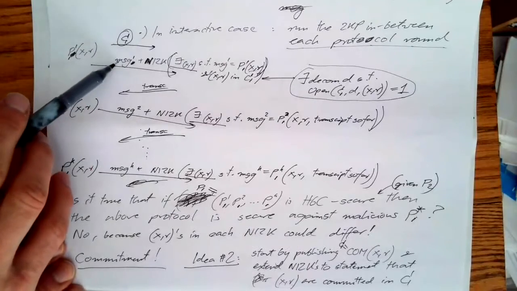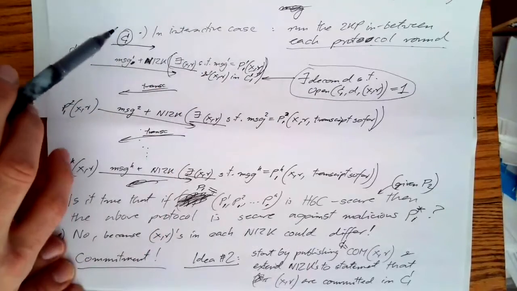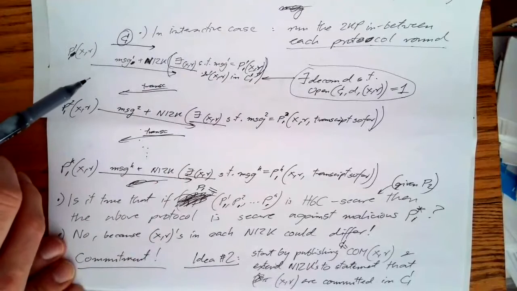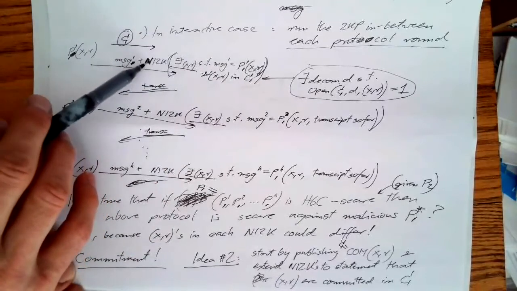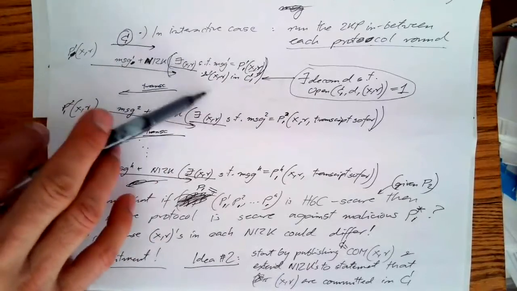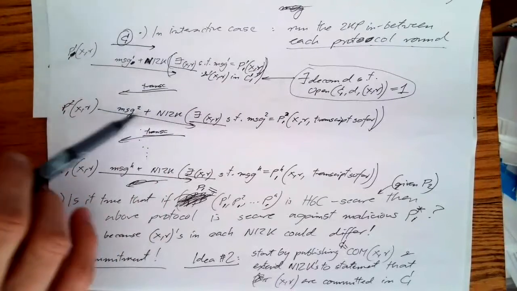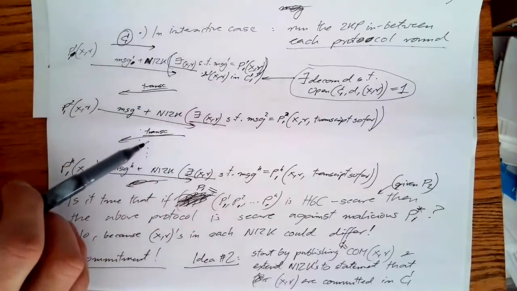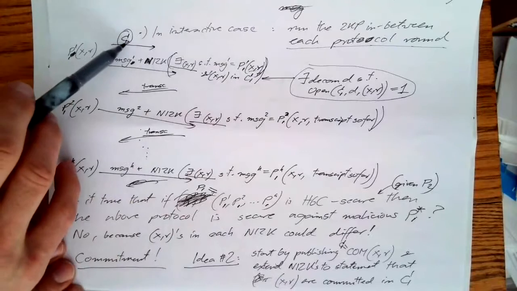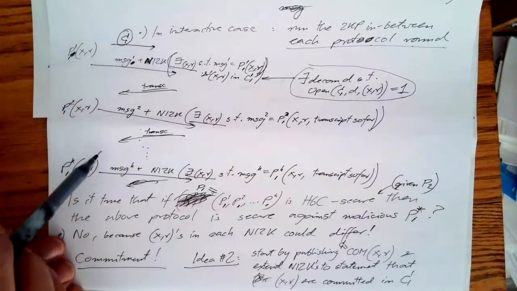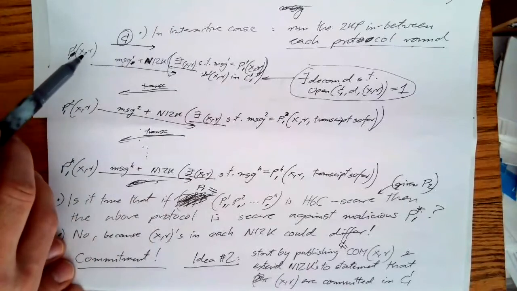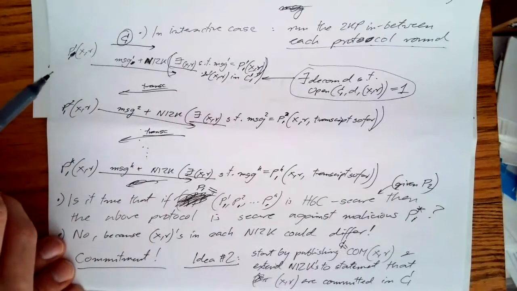You have to follow the intended protocol on the committed input and randomness, because otherwise, by the soundness of this NIZK, you cannot pass this. And it holds for every round. So once you commit, you're stuck, and it doesn't seem like you can diverge from the protocol on X and R.